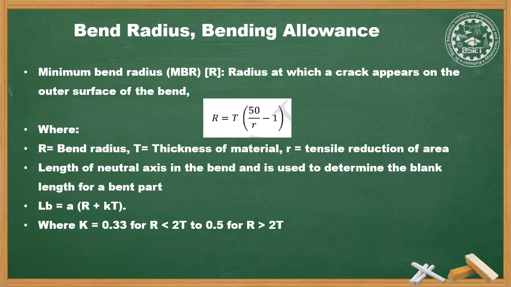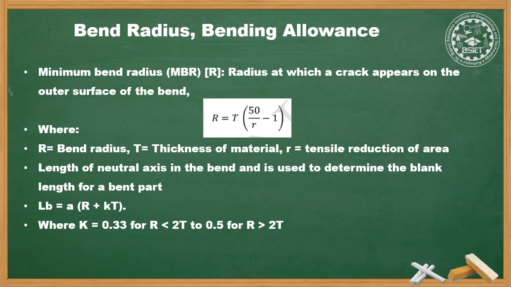Bending allowance is given by LB is equal to A into R plus KT, where R is the bend radius, T is thickness, and K stands for a constant which is 0.33 for R greater than 2 times thickness and 0.5 for R less than 2 times thickness.